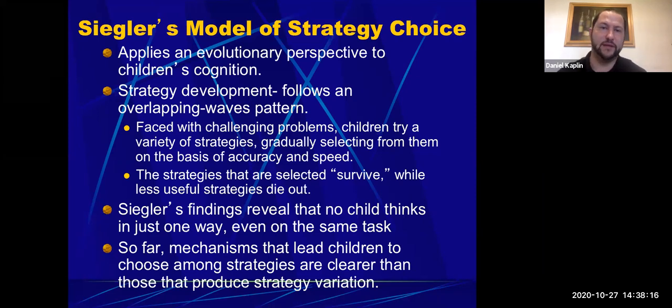So according to Siegler, it's the way their strategies evolved, and that's okay. If that strategy is clear to that individual, they're going to use that strategy more readily. If it's not useful, then they stop. So long story short, we tend to pick the strategies that work best for us as individuals.